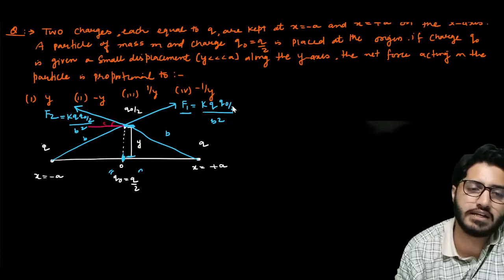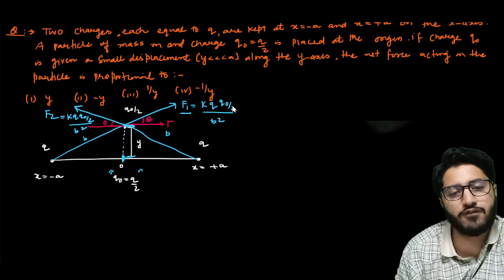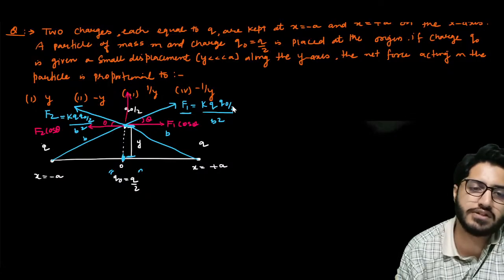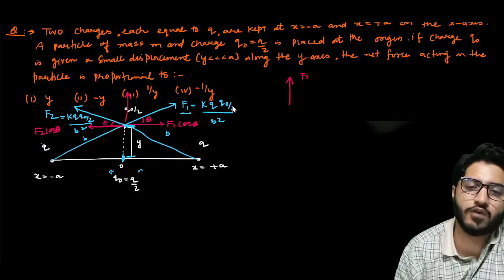This will be theta, this will also be theta. This would be my F1 cos theta, this would be my F2 cos theta. I will write the upward ones: F1 sin theta and F2 sin theta.